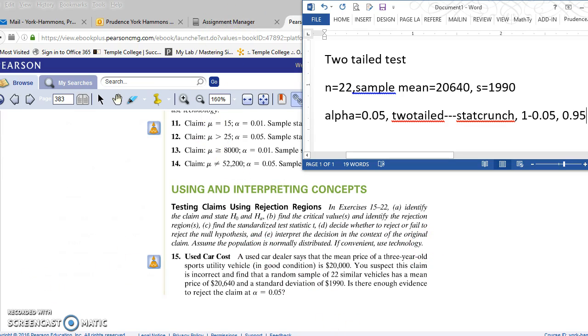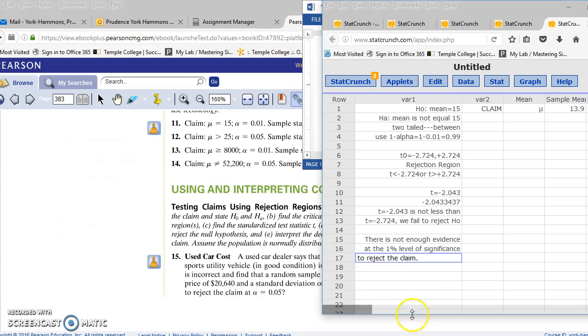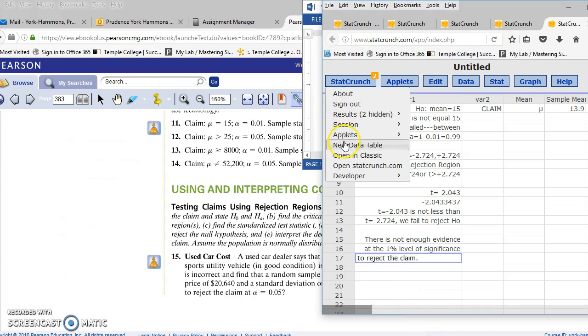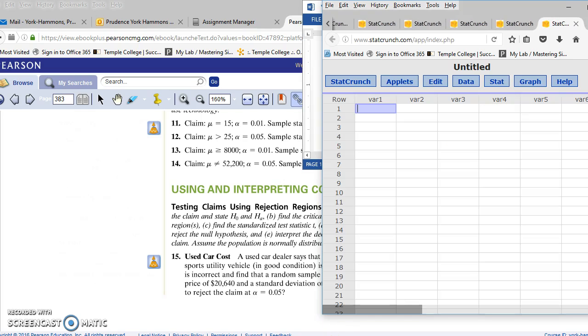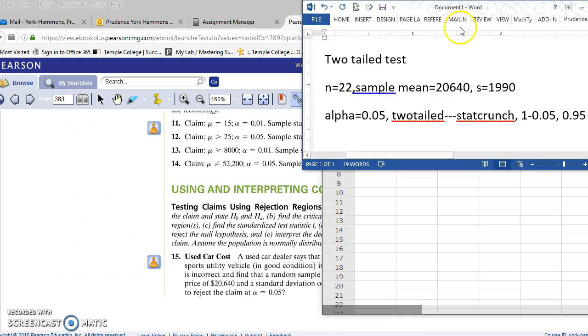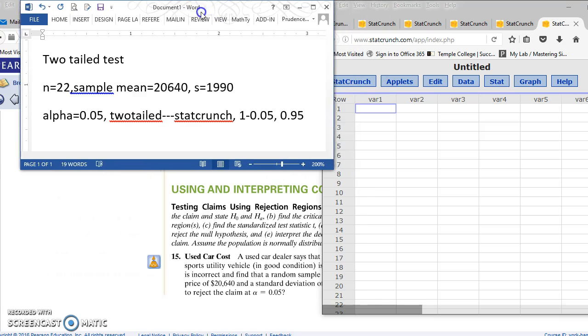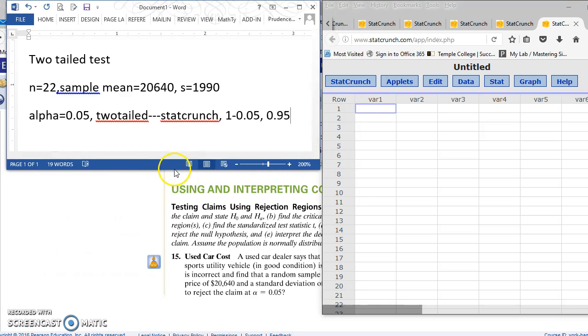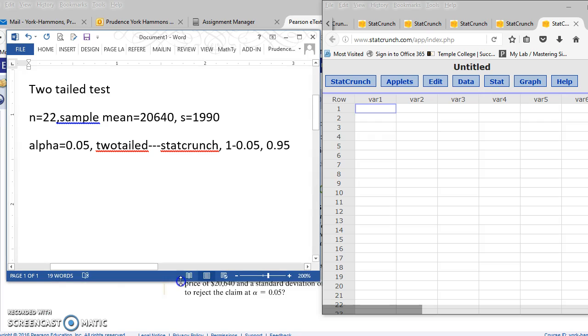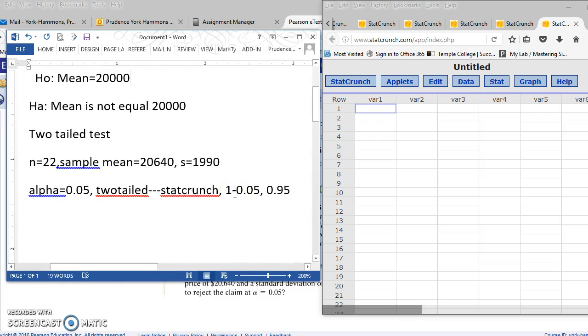So I'm going to pull up StatCrunch and open a new table and use the information I have in Word. So I'll pull that over so we can look at that. And the first thing we have to do is find our rejection region.